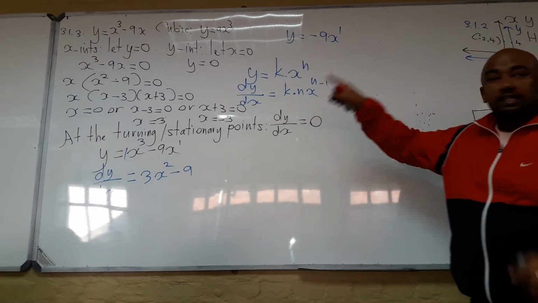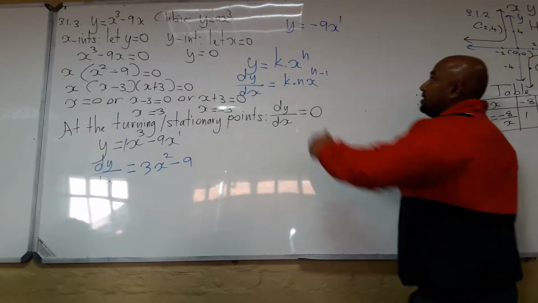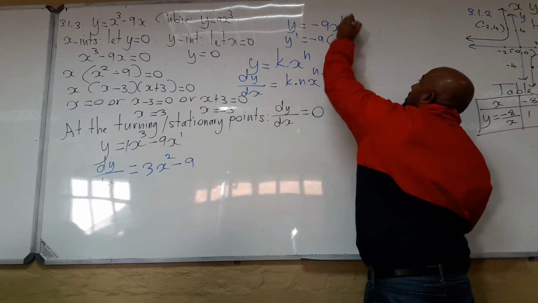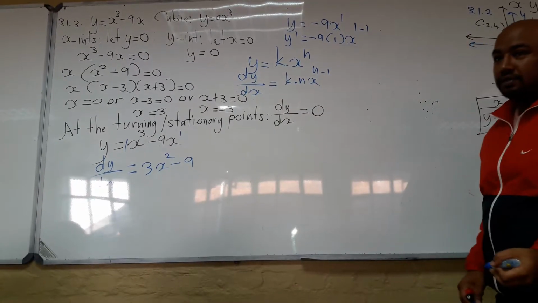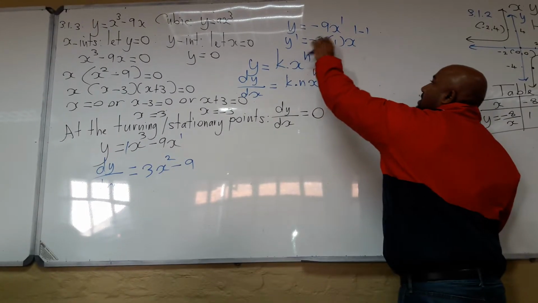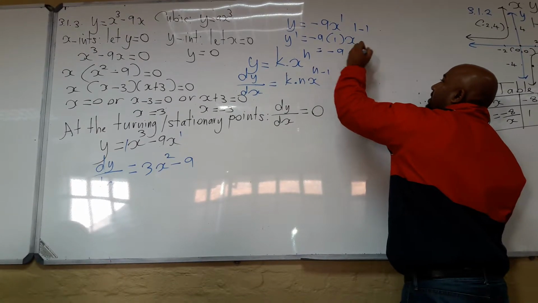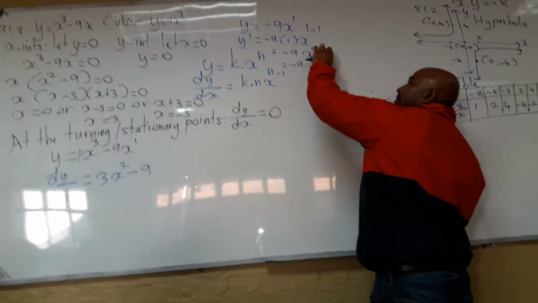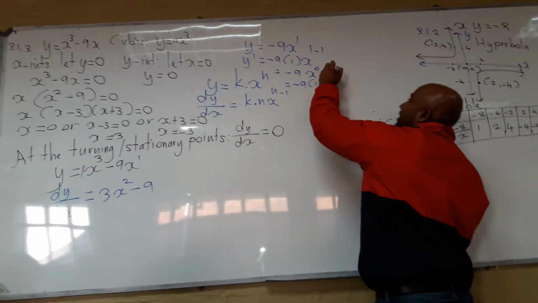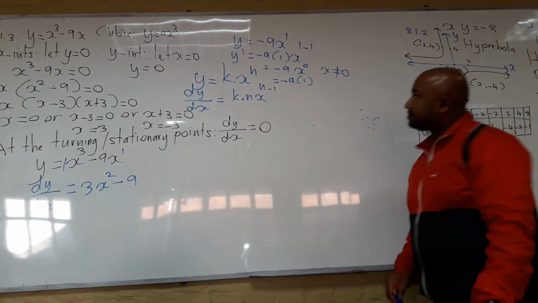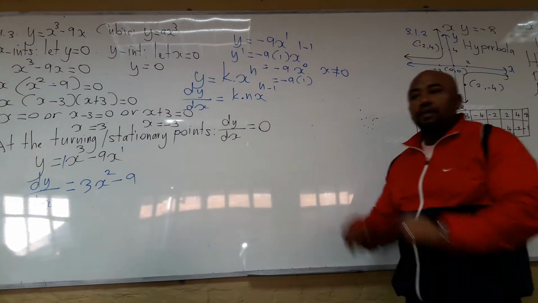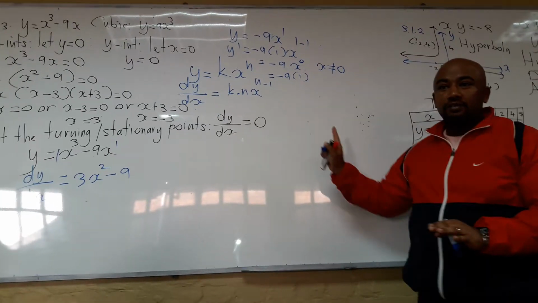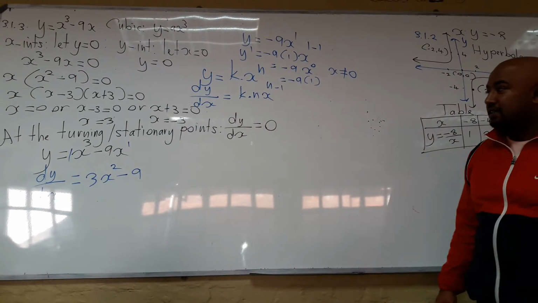If you want to use the formula, then the derivative here is going to be minus 9 times 1 x to the power 1 minus 1, which will become minus 9 times 1 is minus 9, and then we've got x. 1 minus 1 is 0, and we know that x to the power 0 is 1. x must not equal 0. Okay, any base to the power 0 is 1, except 0 to the power 0, that is not 1. That doesn't make any sense.